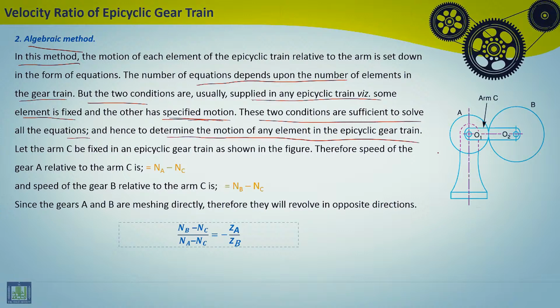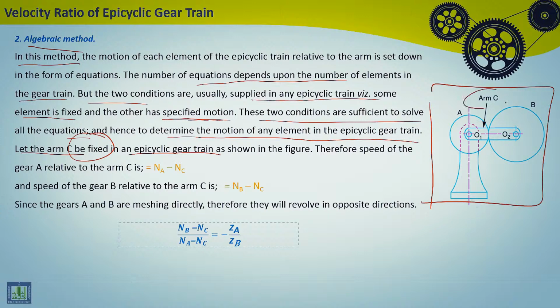These two conditions are sufficient to solve all these equations and hence to determine the motion of any element in the epicyclic gear train. Let the arm C be fixed in an epicyclic gear train as shown in the figure here. C is fixed. Therefore, speed of the gear A relative to the arm C is equal to NA minus NC, and the speed of the gear B relative to the arm is equal to NB minus NC.